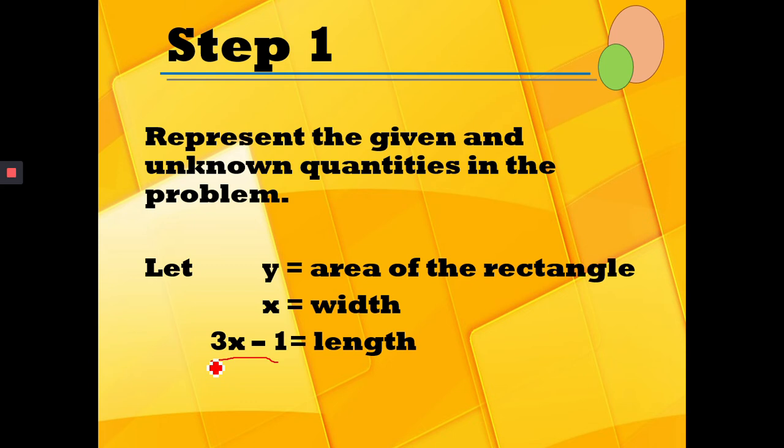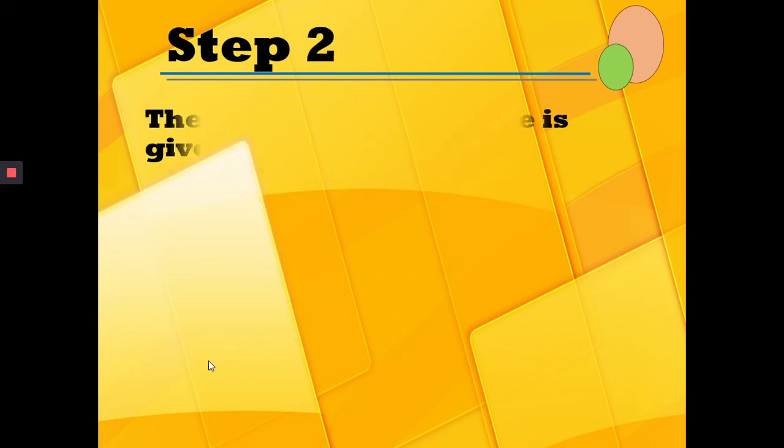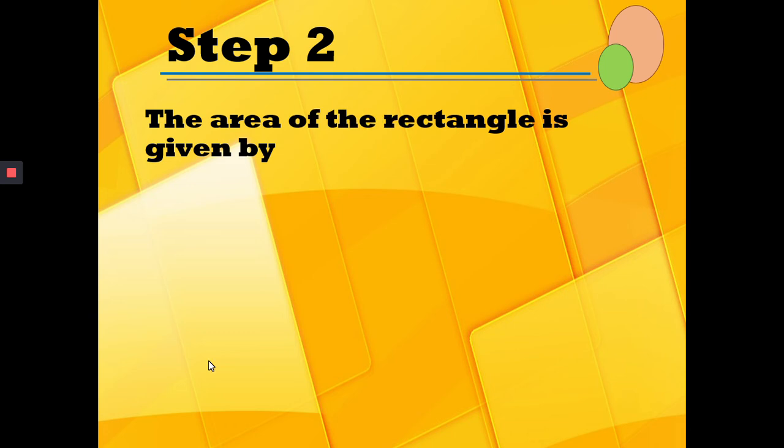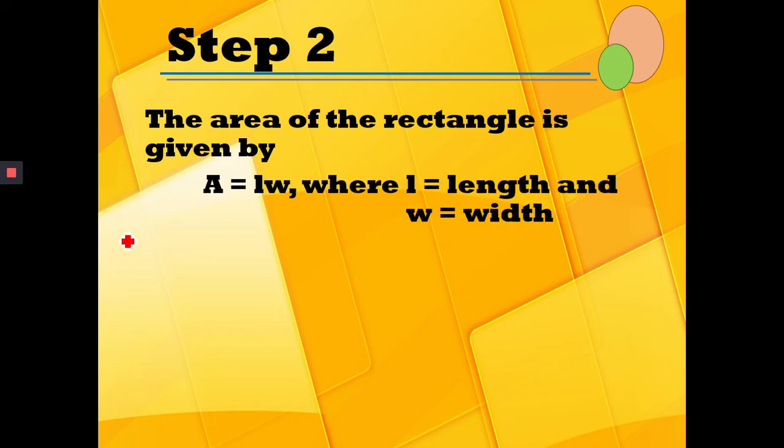Okay, step number 2. Of course, since you're already grade 11, I'm assuming that you already know how to get the area of the rectangle. So we will be using a function to relate the quantities or the variables in the problem. The area of the rectangle, that is A, is equal to the length times width.